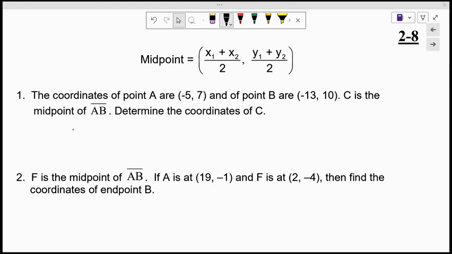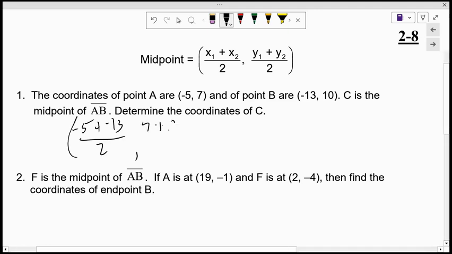So straightforward. So you're going to go ahead and -5 plus -13 divided by 2. And then 7 plus 10 divided by 2. Simplify both of those. Oh, my stylus is being really slow here.